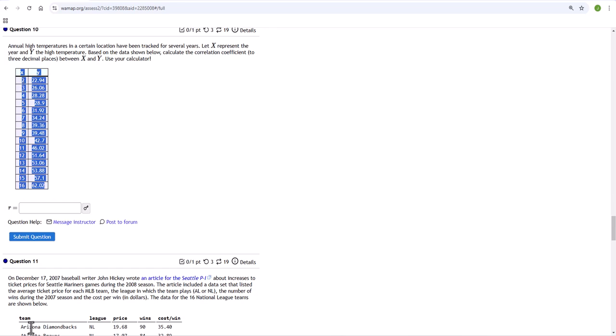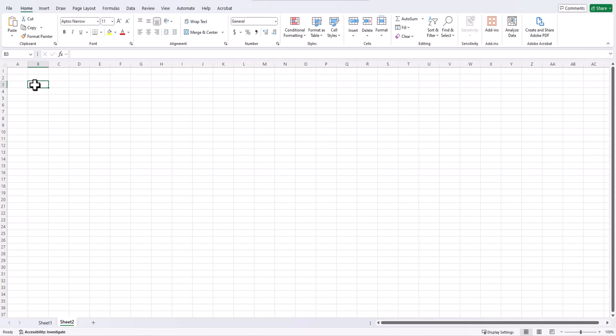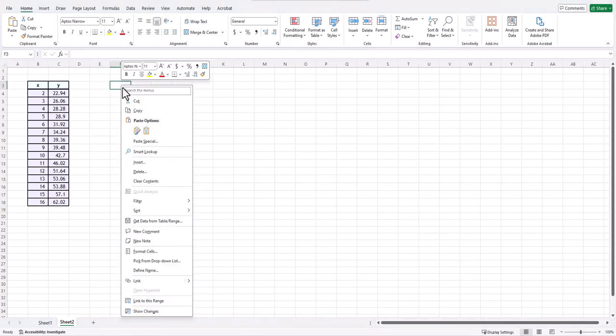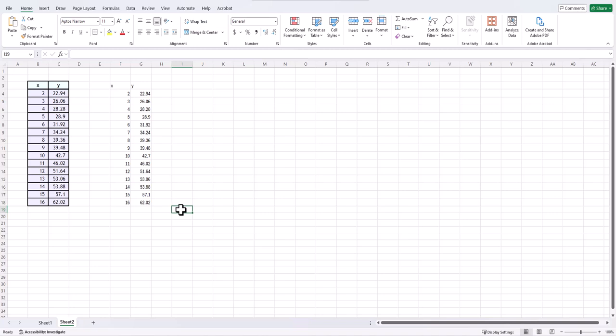I went through one of these earlier, so similar here. We have those. It might be a good idea to paste special. Sometimes when you paste them, these things copy in a way that they're not numbers. So if you right click and then paste special, you can find your correlation coefficient better there.